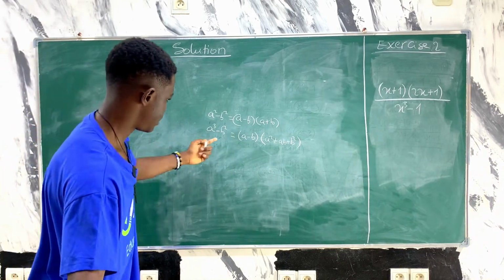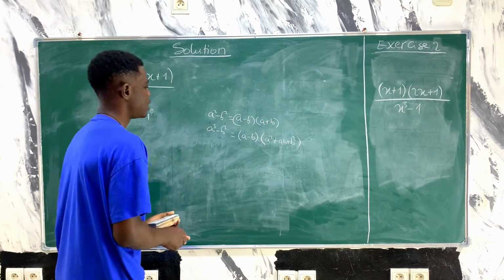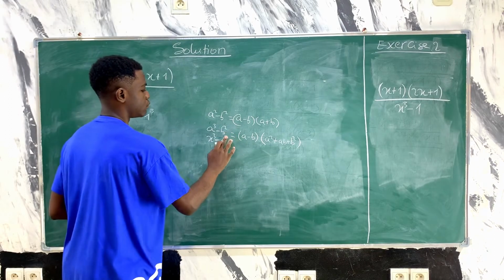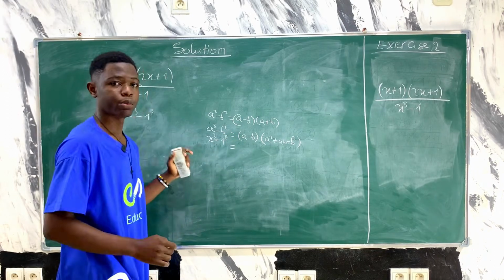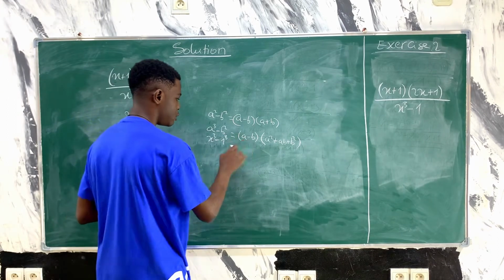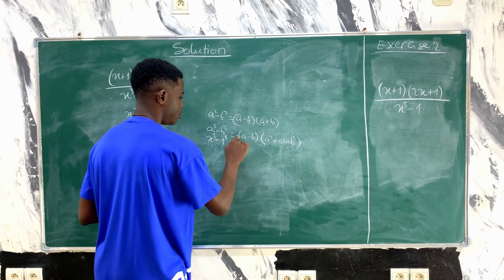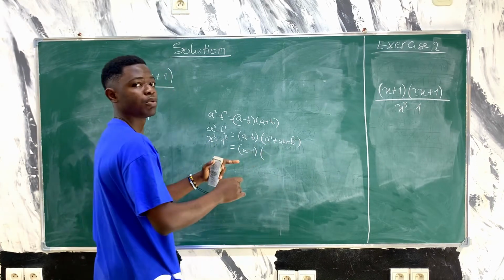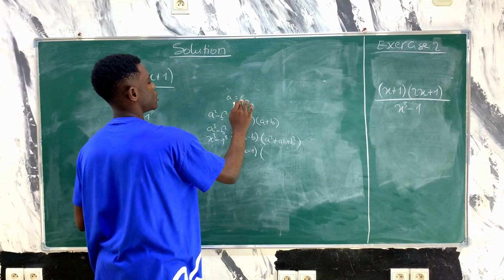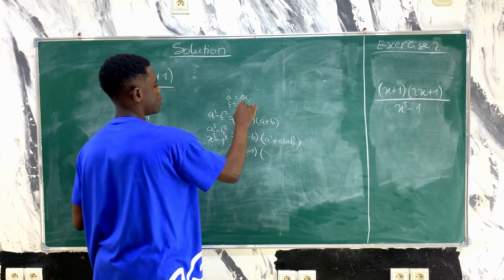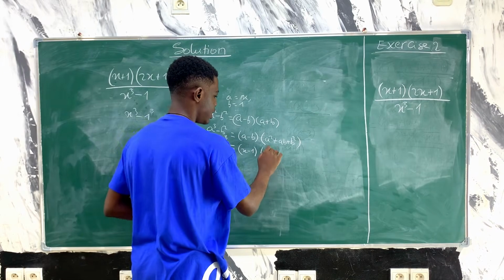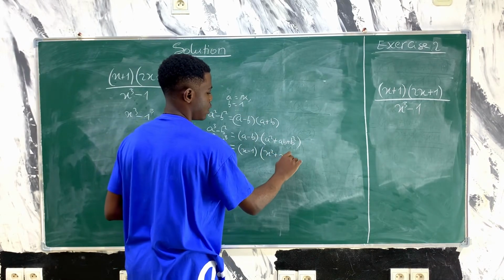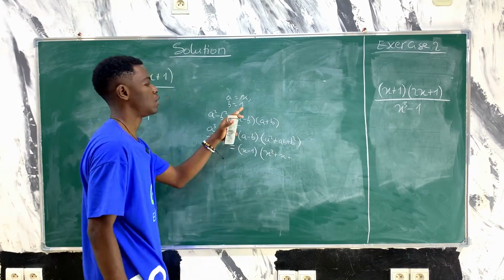So using this identity, I consider here my a is x and my b is 1. So a minus b is x minus 1, into a squared, which is x squared, plus ab, x times 1, which is x, plus b squared, 1 squared, which is 1.